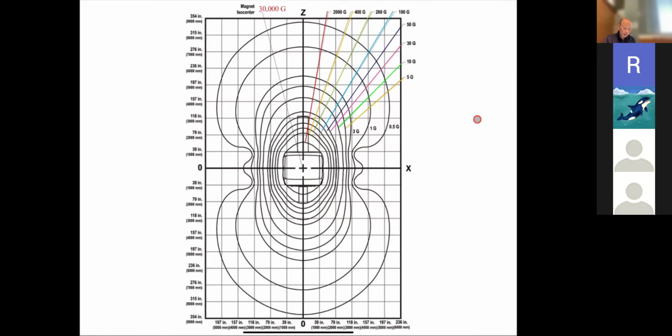And what we're typically looking at is where's the 5 Gauss line. How far does that stray out? Remember, 5 Gauss, Earth's field is half a Gauss. So we're typically looking for where the magnetic field is 10 times stronger than the Earth's magnetic field. Okay. So we want to fairly quickly go from 30,000 Gauss, in this case, down to 5 Gauss very quickly. And this is what's called the fringe field.